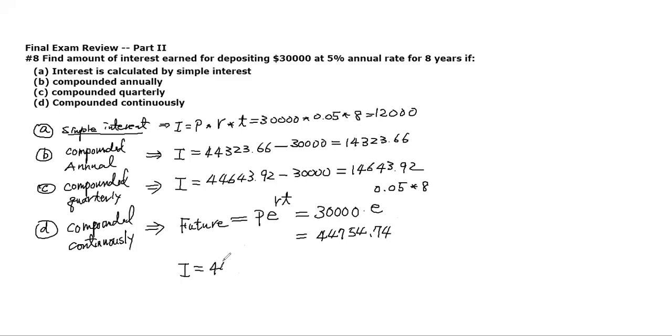So future value is 44754.74 minus 30,000. And this will be 14,754.74.